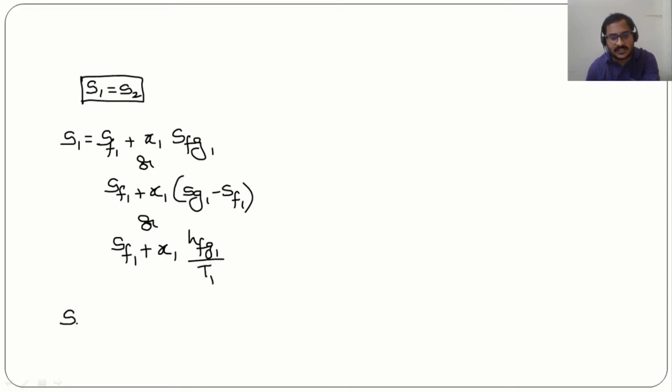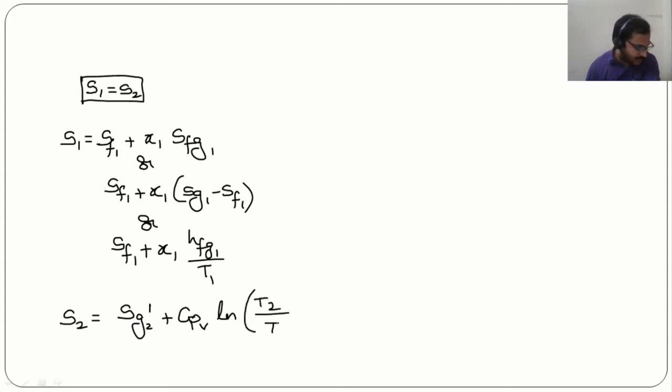The second condition is superheated, so S2 will be equal to Sg2 dash plus specific heat of the vapor refrigerant ln superheated temperature by saturation temperature.